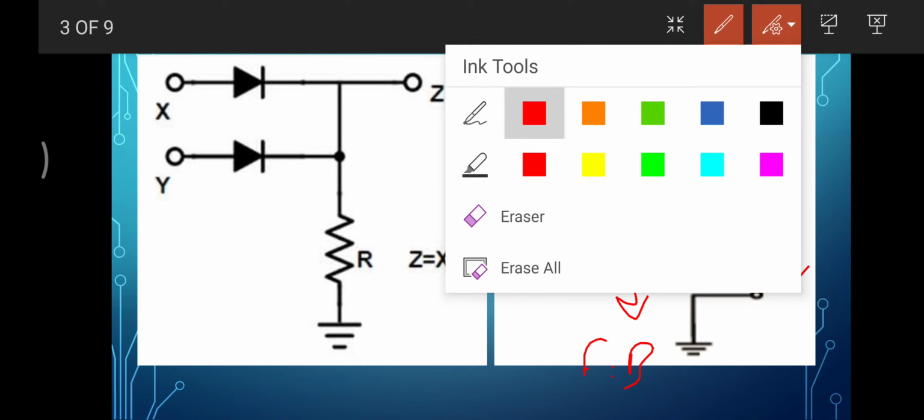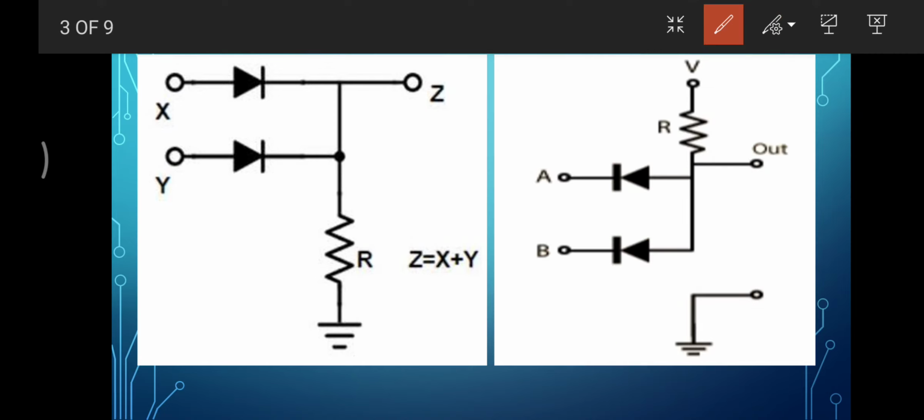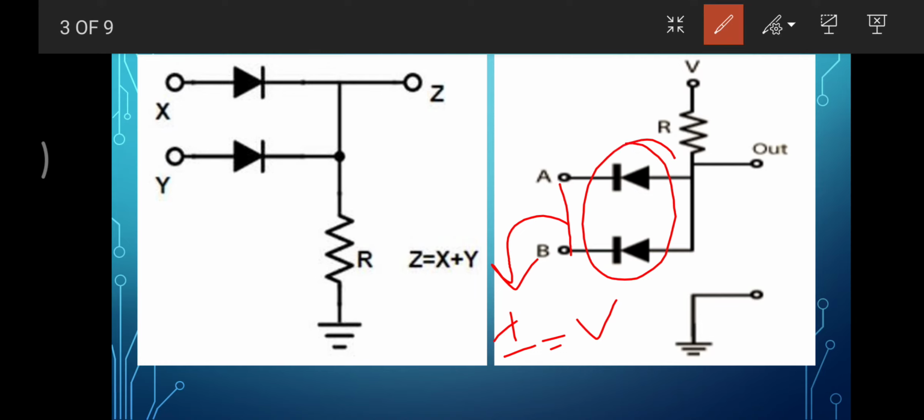Now if I connect both sides with 1, which is equal to the voltage drive you have attached, now both the diodes are in reverse biased condition, and as there is no current flowing through the circuit, the voltage appearing at this side of the resistor will also appear at this side of the resistor, and you will get 1 at the output.